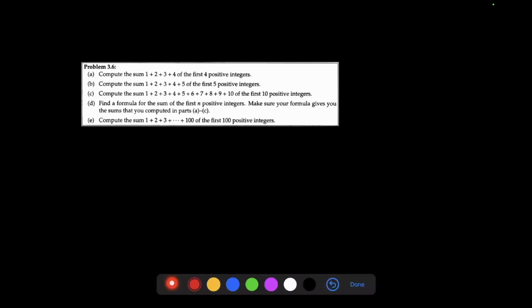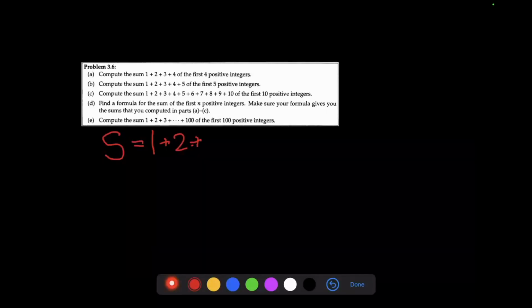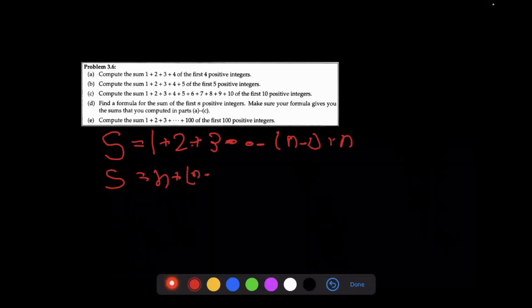So, let's say we have a sum S equal to 1 plus 2 plus 3, all the way to n-1 plus n. And let's flip it in reverse. You get S equal to n plus n-1 plus n-2, all the way to 2 and then 1.